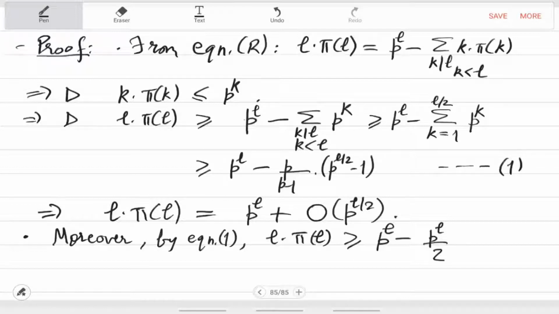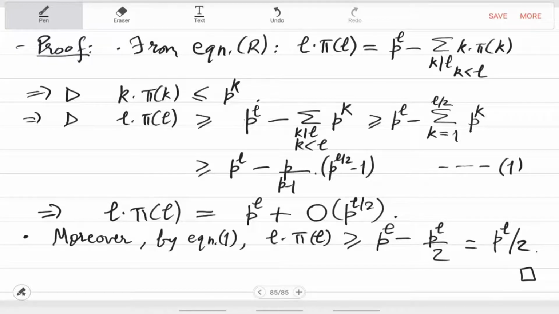Basically in equation 1, this expression P raised to L by 2 times p over p minus 1, that you can see is at most P raised to L by 2 for every L, right. So that minus thing is then greater than or equal to minus of P raised to L by 2. So that gives you P raised to L by 2 as the lower bound. Okay, so L pi L is at most P raised to L and it is at least half of that.